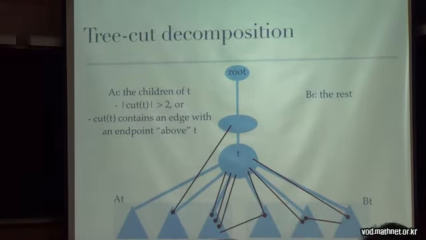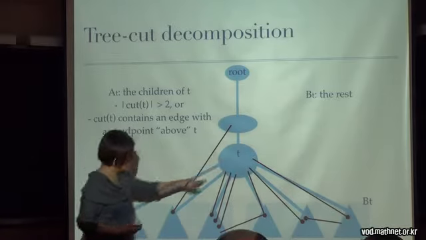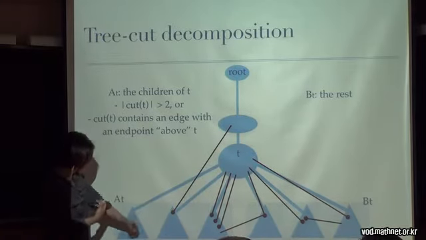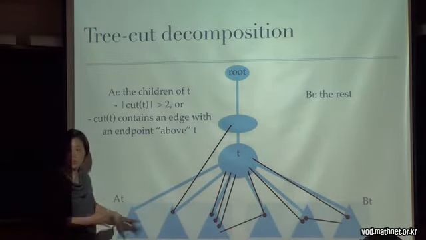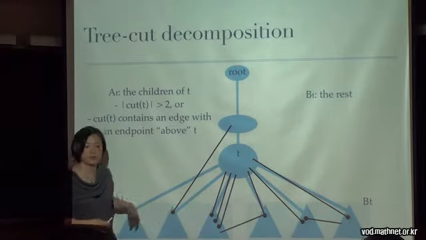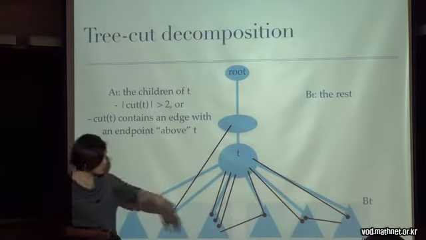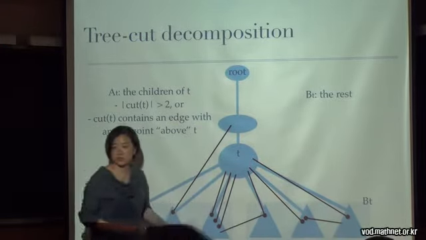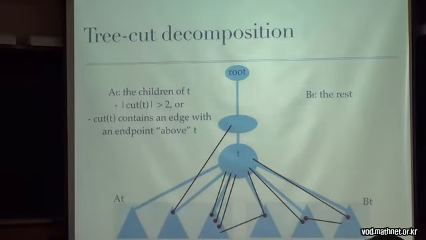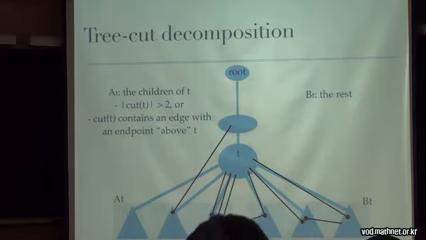And this actually produces the difficulty of enumerating all possible partial solutions, all possible solution behavior at T. If the number of children is bounded, you can basically enumerate whatever you like. But here it's too many, so you cannot do that. And the pre-processing is to settle this situation.